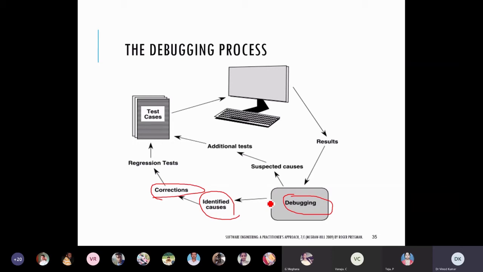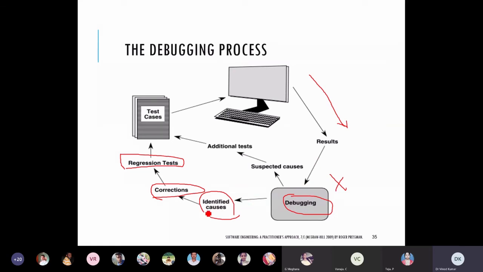After making the corrections, definitely some little changes may have some effect, so we will do regression testing. For that we will create regression test cases, then perform this testing and come to the result. If the result is okay, then you stop the debugging process, else you have to repeat it iteratively.